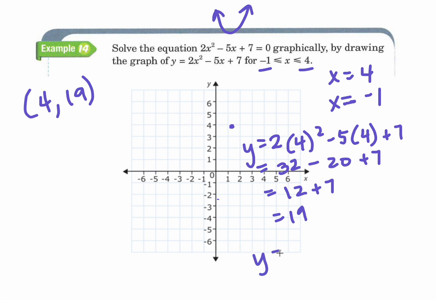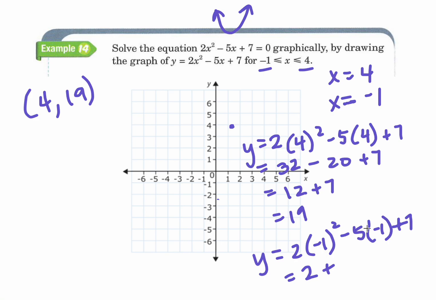And then for x equals -1, I can figure out that value by plugging in -1 for x. So I end up with 2 times 1, because this -1 squared is still 1. 2 times 1 is 2.